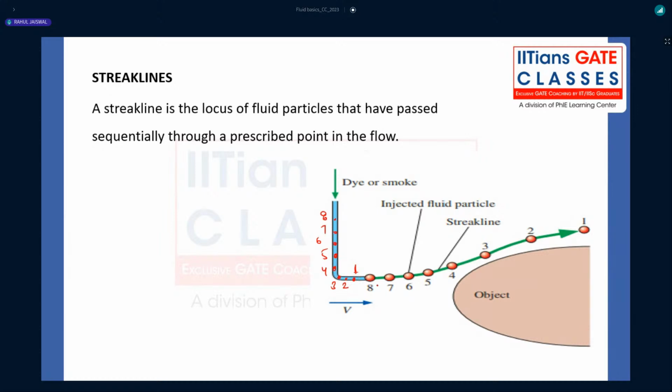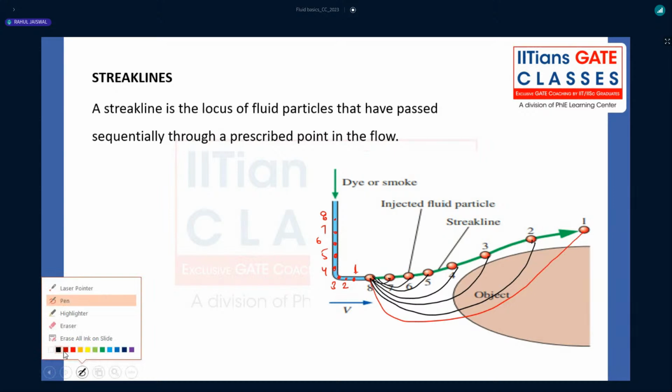Let's suppose the path line of particle 1 is here, like this. Let's suppose the path of particle 2 is somewhat like this. Particle number 3, for example, will be like this. Particle 4 may be like this, right? Particles 6, 7, and 8 will be like this, right?